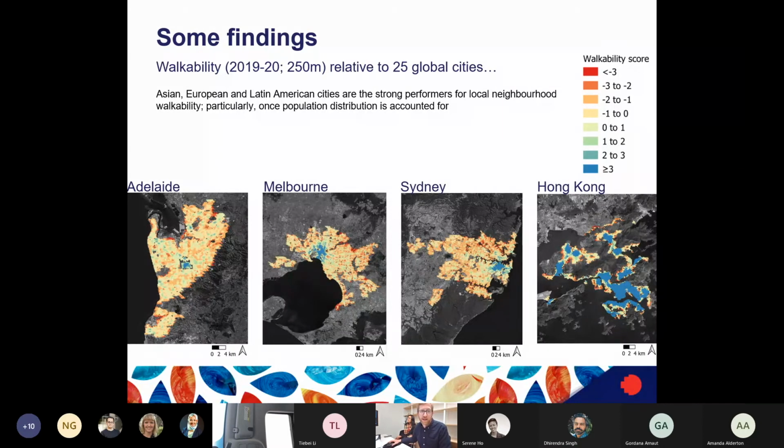On this slide, it's presenting the spatial distribution of walkability at 250-meter resolution using amenity data sets from 2019, and the population data that I mentioned before and boundaries relating to 2015.